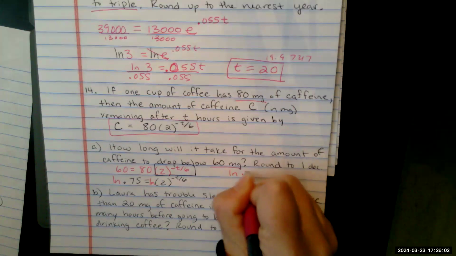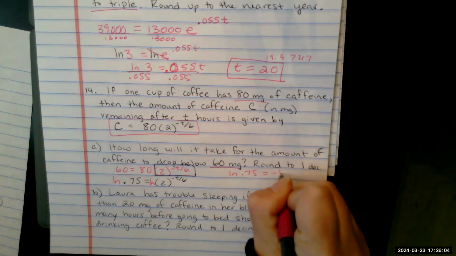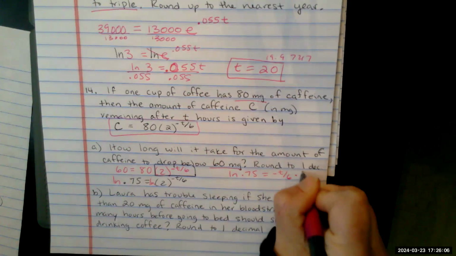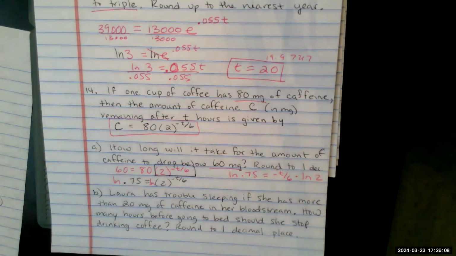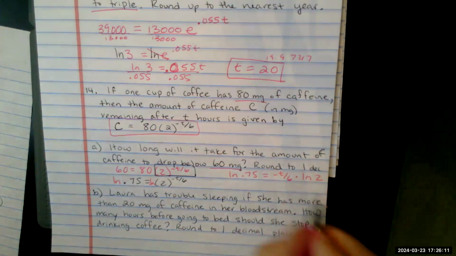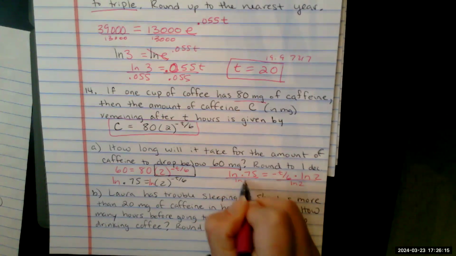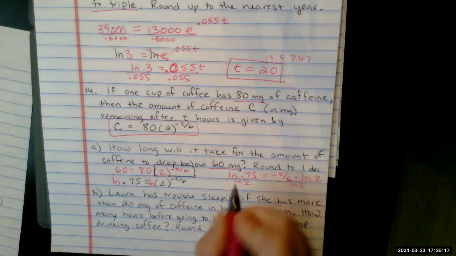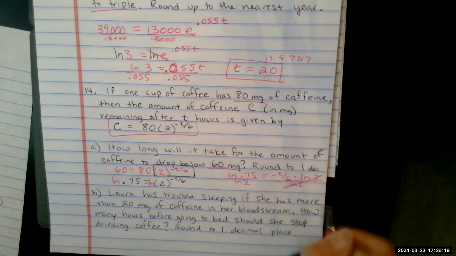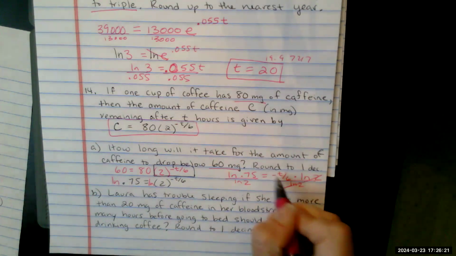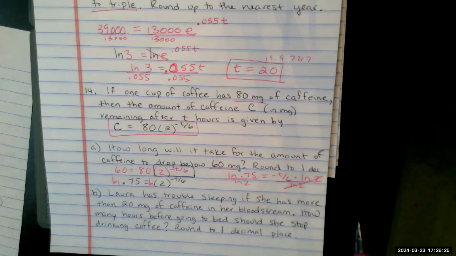So I get ln 0.75 equals negative t over 6 times ln 2. So I'm going to divide by the ln, and that leaves me with just the negative t over 6. So my last step to get rid of the negative and the 6 is just to multiply by negative 6.